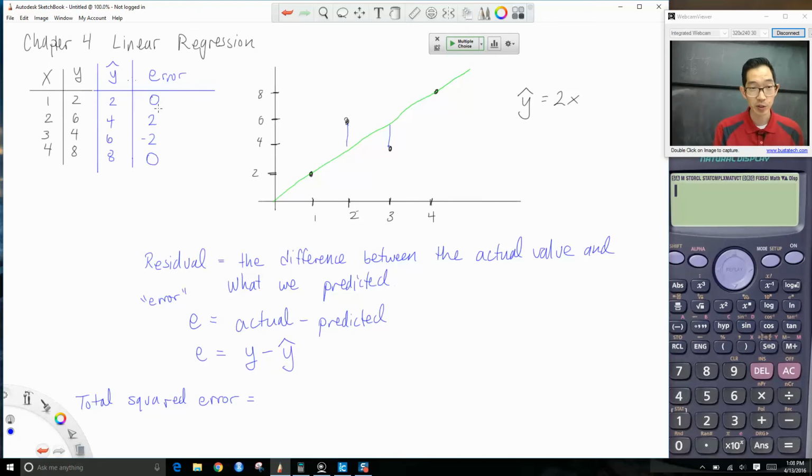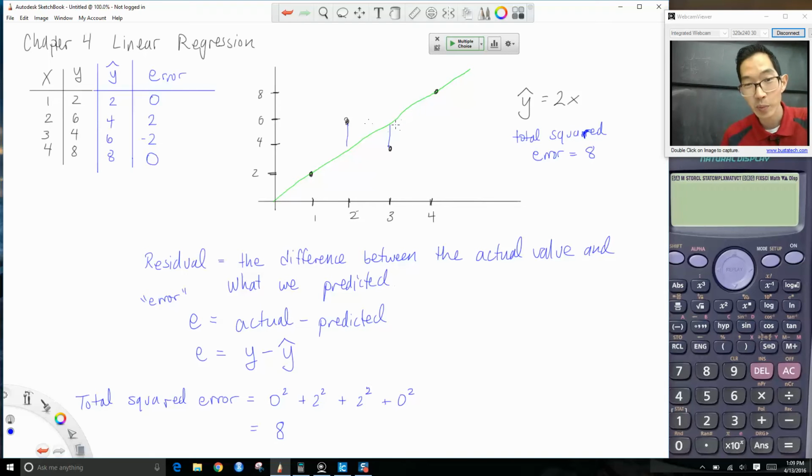And so this will be 0 squared, which is 0, plus 2 squared, plus negative 2 squared, plus 0 squared. Okay? And so we would end up getting a total squared error of 8. So our total squared error for this line is equal to 8, okay?